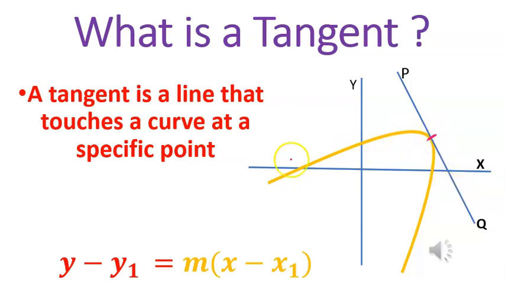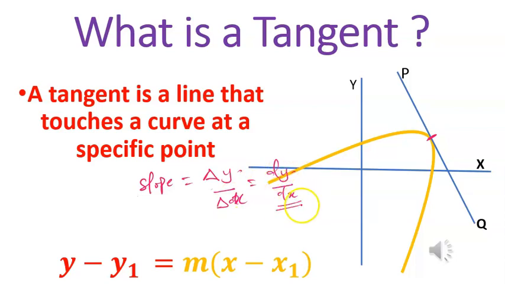Now, the gradient of a line, also known as the slope of the line, is equal to the change in y over the change in x, which is the same thing as finding the derivative dy/dx of that line.